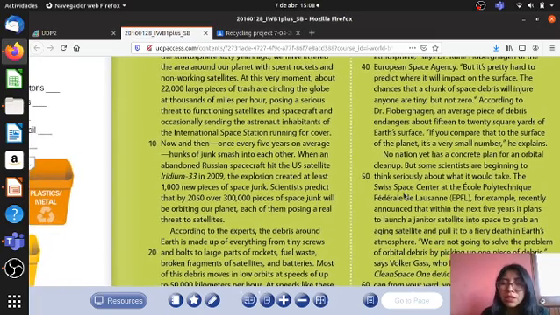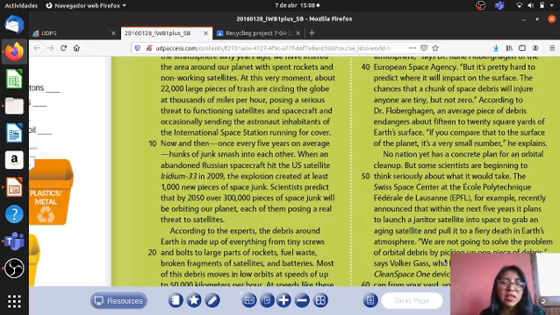The Swiss Space Center at the École Polytechnique Fédérale de Lausanne, EPFL, for example, recently announced that within the next 5 years it plans to launch a Janitor satellite into space to grab satellites and pull them to a fiery death in the Earth's atmosphere.